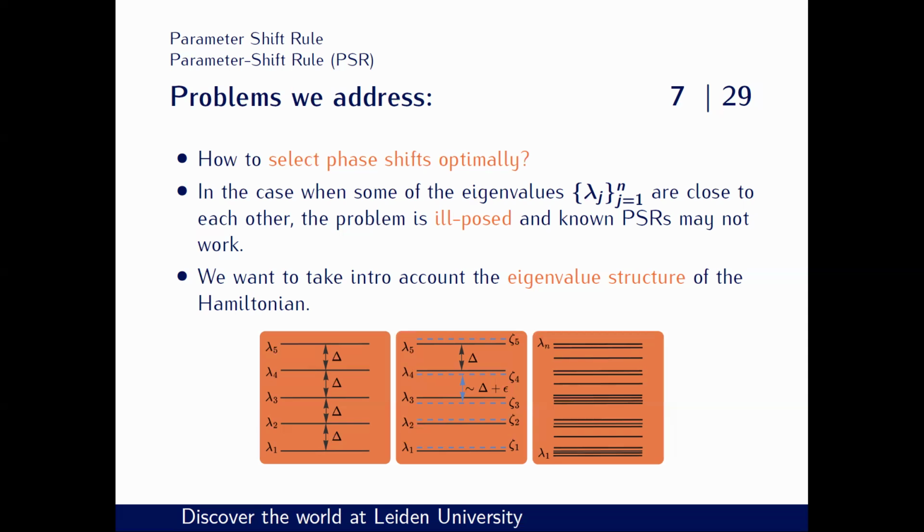That's not true. For example, here the problem can become ill-posed because you do not have many unique differences. These differences are all the same. These differences are also the same. That means you will get a singularity somewhere while solving your system of equations to get the parameter shift rule. So what we wanted to do is to take into account the different structures of Hamiltonians. This is the first thing. And second, to optimize the selection of phase shifts.